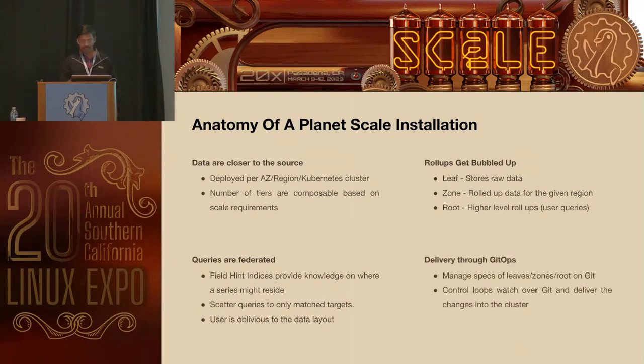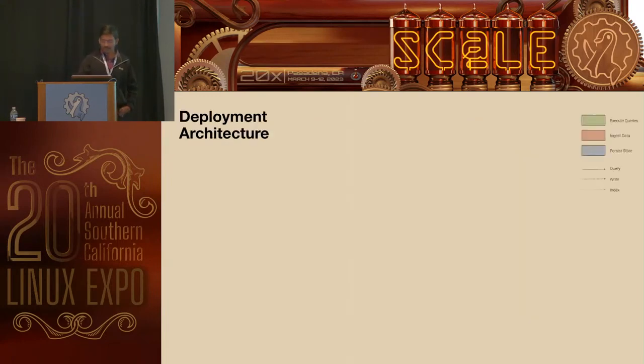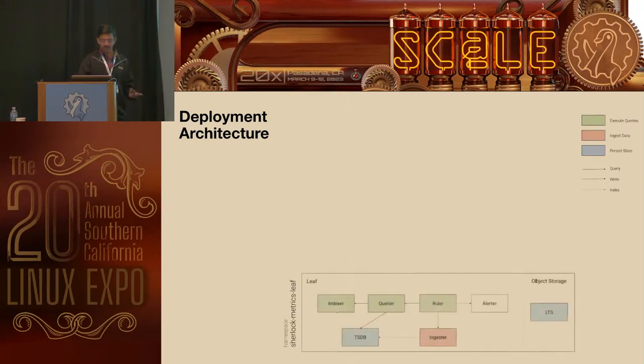And as I mentioned earlier, we would have to manage everything through GitOps. So this is how the deployment architecture would look. You would have a leaf installation where the entire metric store platform is deployed. You would have your ingester, the TSDB it writes to, the querier where the data is read from, and an indexer which manages all the hints available for that cluster, and the hints are derived from the TSDB.